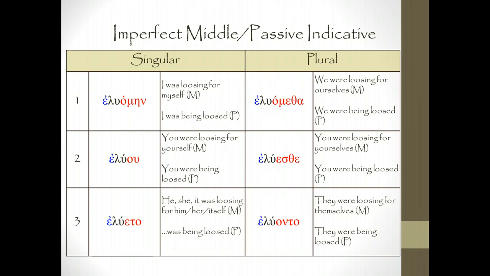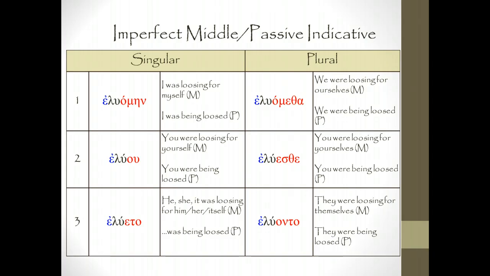Just as we saw in the imperfect active, in the imperfect middle passive the first person plural and the second person plural look just like the present middle passive, ometha and esthe. In the present middle passive, it's luometha or luesthe. Again, this is the importance of keeping in mind the augment. It's eluometha and eluesthe.